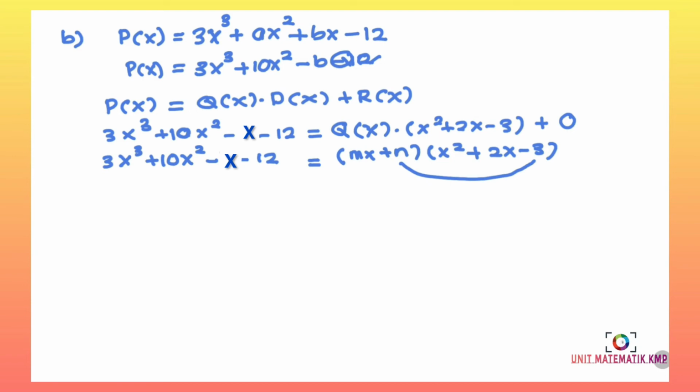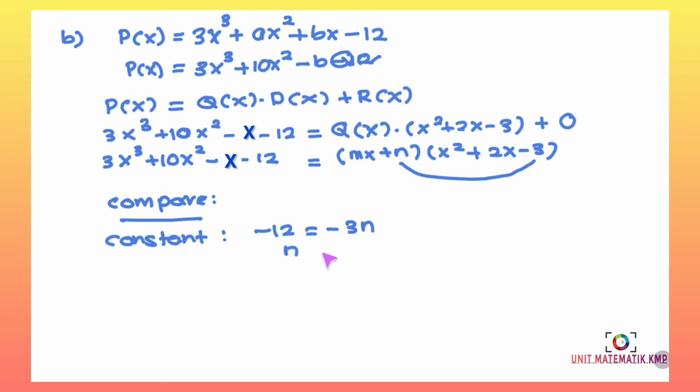If we compare here by using the comparing method, the constant negative 12 on the left hand side should be equal to n times negative 3. So negative 3n. Can we find what is n? n is equal to 4, is it right?